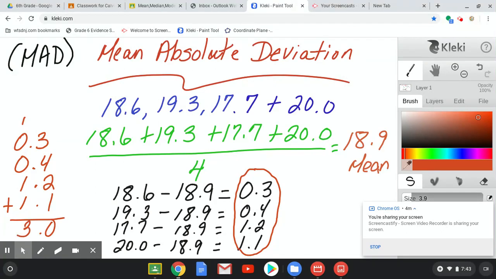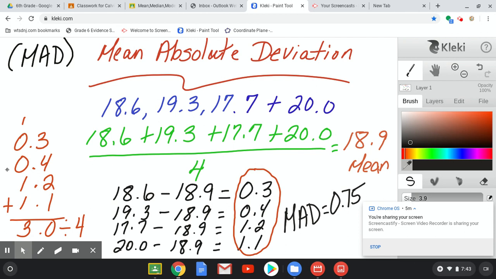Do I have that right? Okay, and then I'm going to divide that by how many numbers I have, which happens to be 4. And if I take 3 and I divide it by 4, I would end up getting 0.75. So that means my mean absolute deviation, or my MAD, is equal to 0.75.